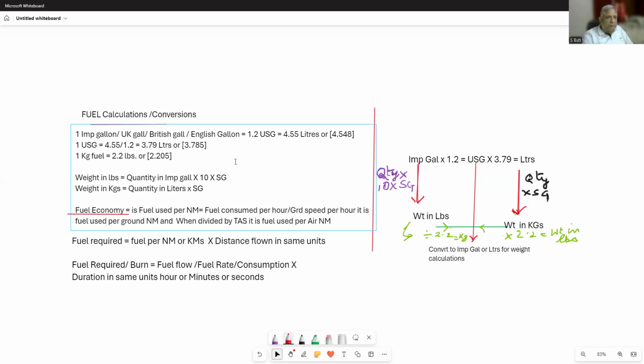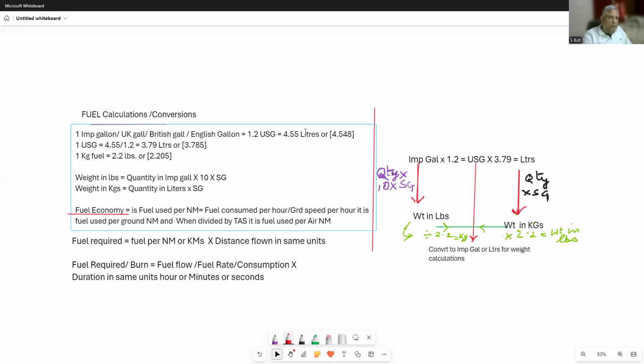The fuel consumption may be by volume in your aircraft or it may be by weight. The consumption may be by volume either in imperial gallon, also known as UK gallon, British gallon, or English gallon, or it may be in US gallons or in liters.